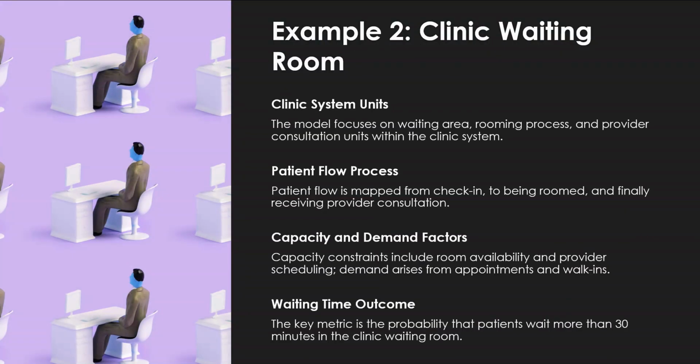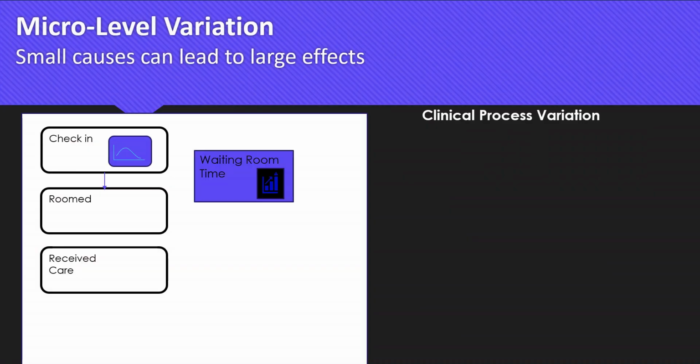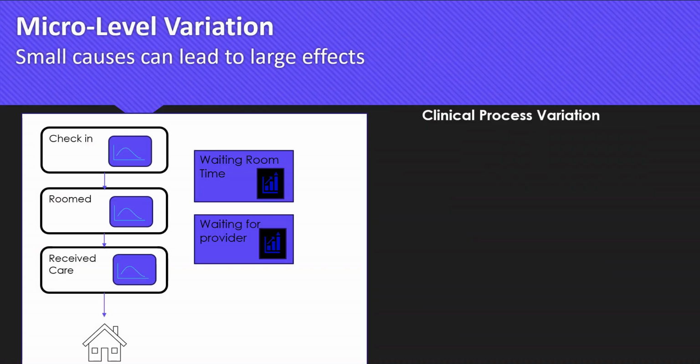We might also do this at a very micro level, like a clinical waiting room area, where we're going to figure out the distribution of how long the check-in process takes so that we can understand the likelihood of different waiting room times and scenarios for patients. Then we describe how long patients spend roomed but not receiving care yet, so we can understand the waiting for a provider experience for a patient.